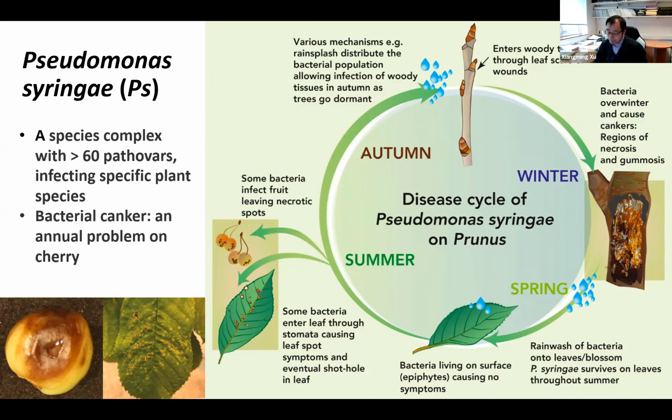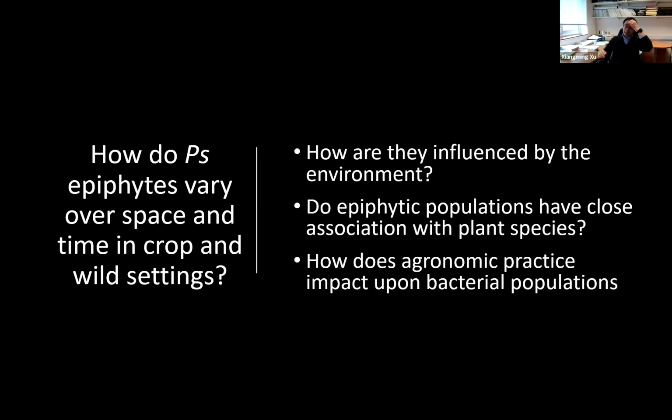So the whole idea of this project really is looking at the summer phase when the Pseudomonas move from canker to leaf surface, look at the epiphytes, how their population changes in the summer, and how that relates to the disease development in the autumn. So the question we are asking is how the PS epiphytes on leaf surface really change with time and with space, particularly in relation to the cultivated cherry orchard or in wild woodland.